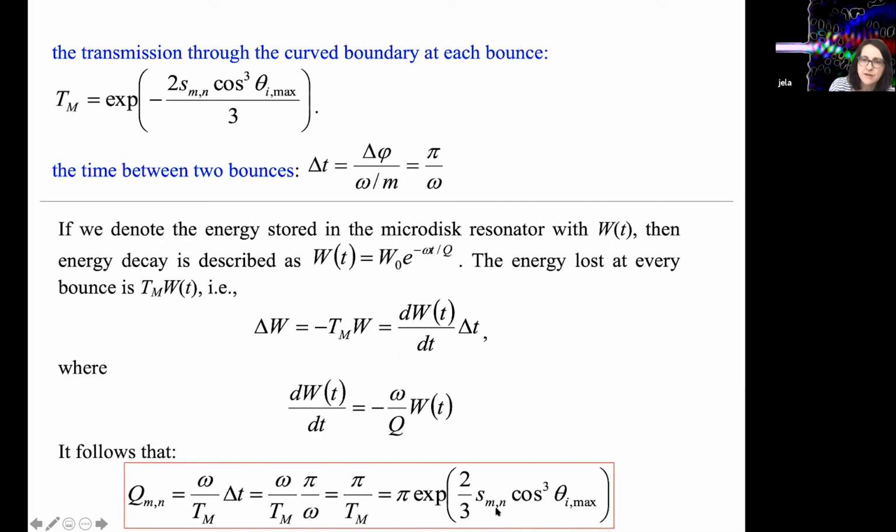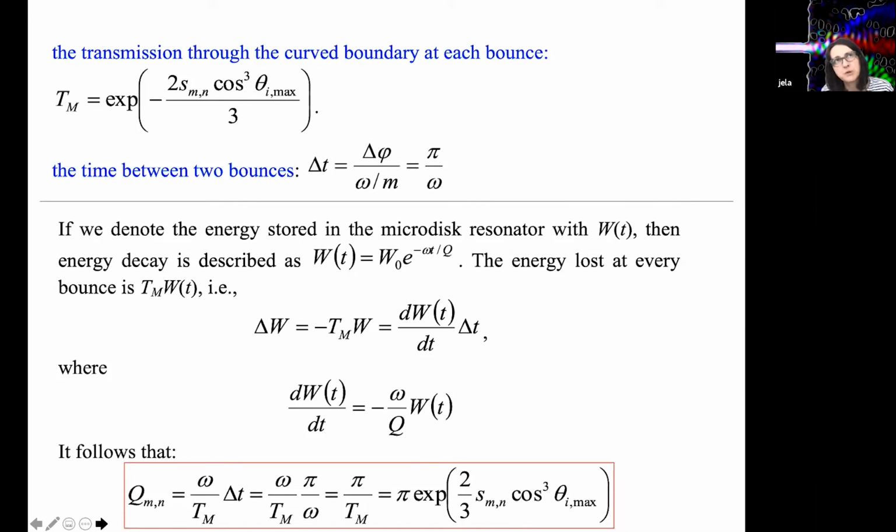So S_MN is the N-th zero of the Bessel function of the order M. That also, of course, influences the field pattern of the mode and everything else. And theta_i max is the critical angle for total internal reflection at the interface between two media with certain refractive indices. So that's, again, the upper limit on the Q factor, because this takes into account only one thing happening in the system, which is imperfect confinement by total internal reflection in the radial direction.